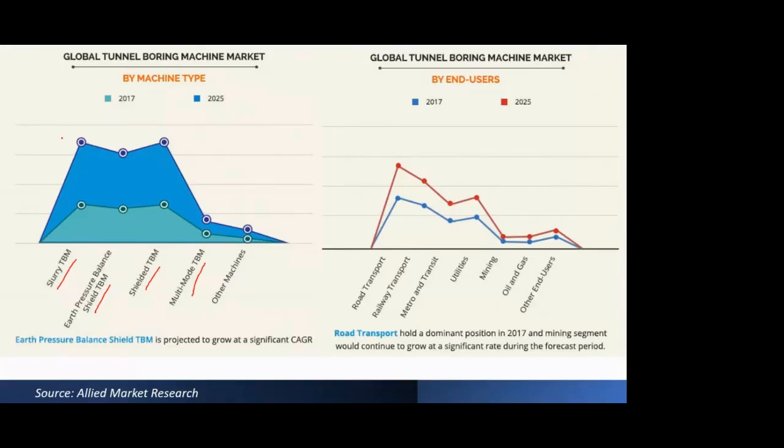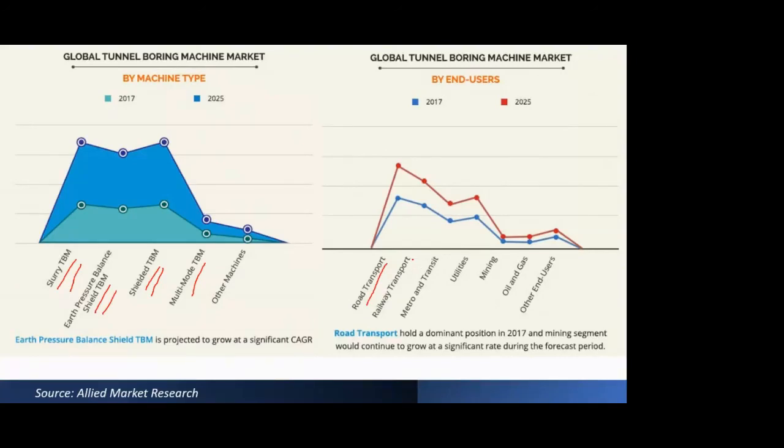Here you see the trend is increasing, and it is more for these three TBMs: earth pressure balance, slurry, and shielded TBM. Other allied types are less. The second graph on the right side shows the purposes for which tunnels are being used and will be used.